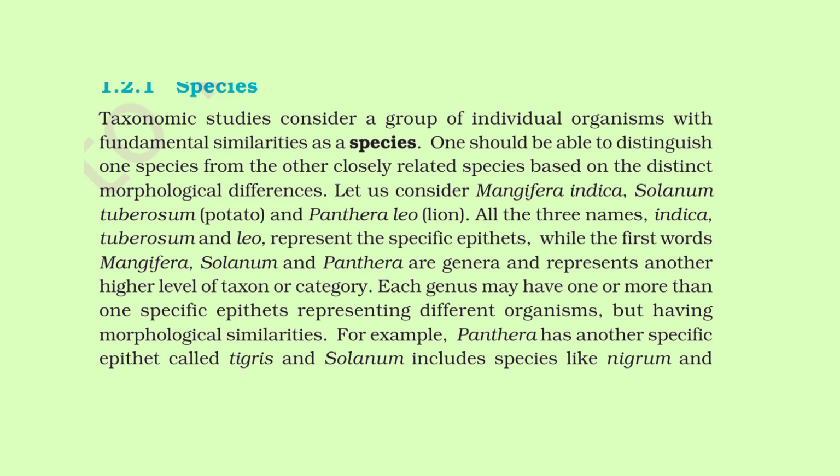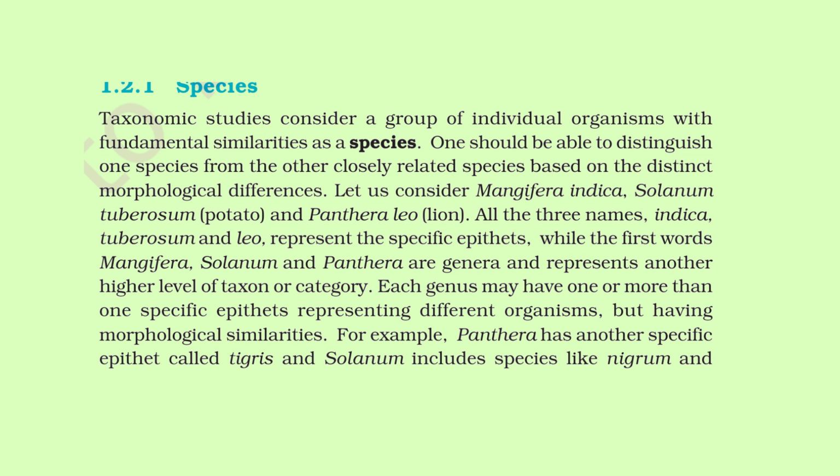1.2.1 Species. Taxonomic studies consider a group of individual organisms with fundamental similarities as a species. One should be able to distinguish one species from the other, closely related species based on the distinct morphological differences.